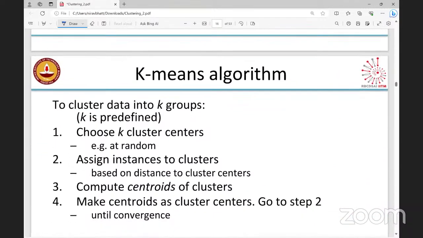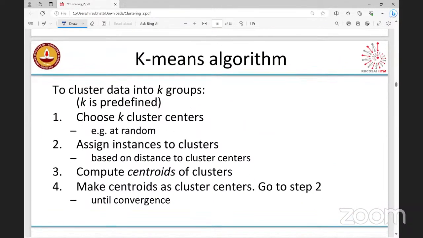So let me summarize the k-means algorithm. What you do is you choose K cluster centers first randomly, assign each data point to a cluster based on the distance to the cluster centers. Centroid is one of the ways we can compute the centers of the clusters.